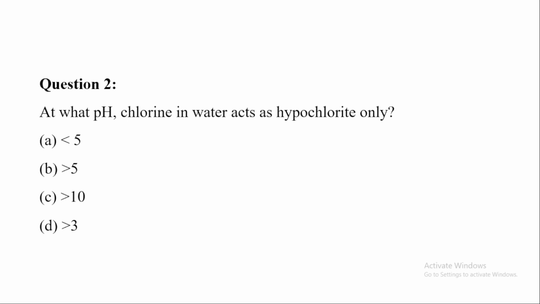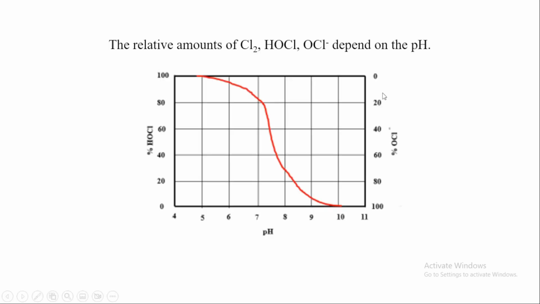Now at different pH, different forms of this residual chlorine are present in water. They have asked at what pH hypochlorite will be present. For that we have a simple curve that represents the distribution of hypochlorous acid versus hypochlorite ion. In this curve, percentage HOCl is given on the left hand side and percentage of OCl minus is on the right hand side of the y axis.